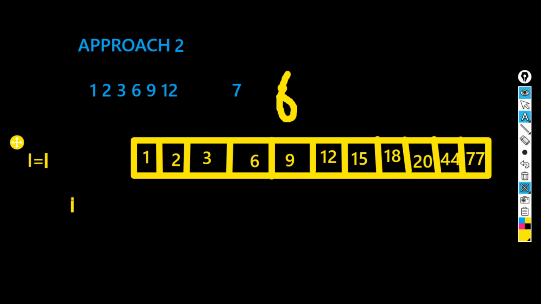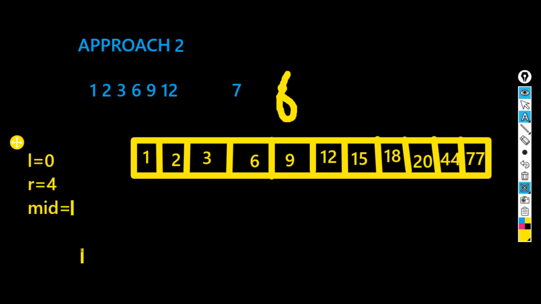Now first, at the 0th case, L equals 0, R equals 10, mid equals 5. So at 5, the value is 9, so it is greater than 6. So we will decrement R to mid minus 1, so it will be 4.